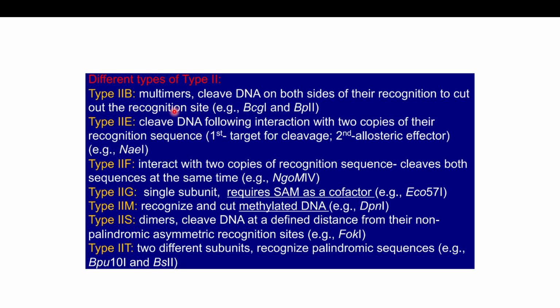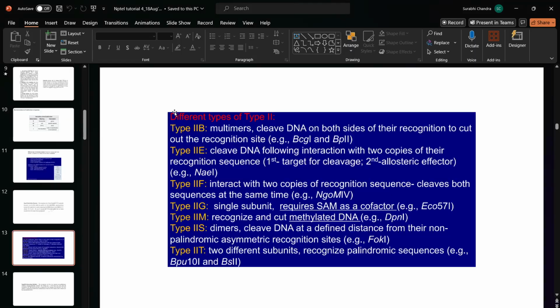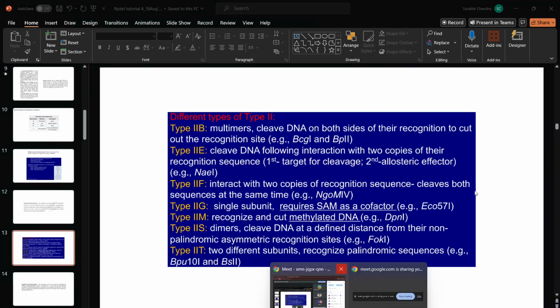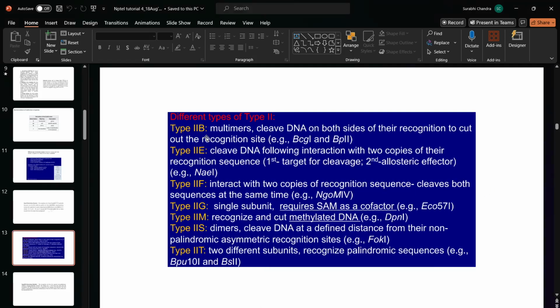Can anyone tell? So I was asking, suppose here in this slide, a particular restriction enzyme is cutting a linear DNA at a specific site. How many fragments will be formed in the case of linear DNA and in the case of a circular plasmid DNA?